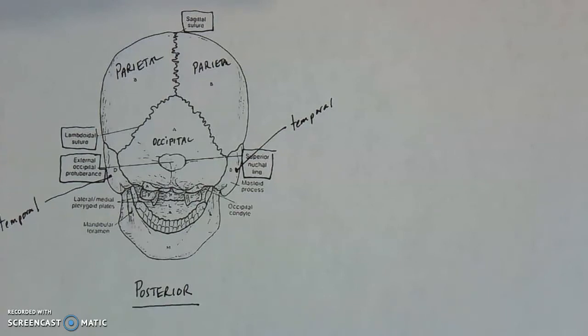That is called the external occipital protuberance. Protuberance is just something that sticks out. So it is an area of the bone that sticks out. And if you move your hands laterally from that, you can start feeling these two little lines that go out from there, and those are the superior nuchal lines.